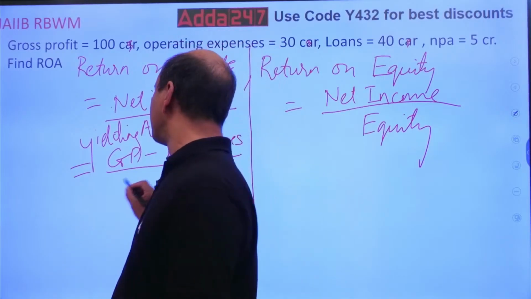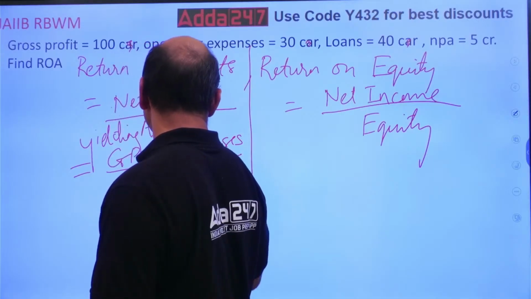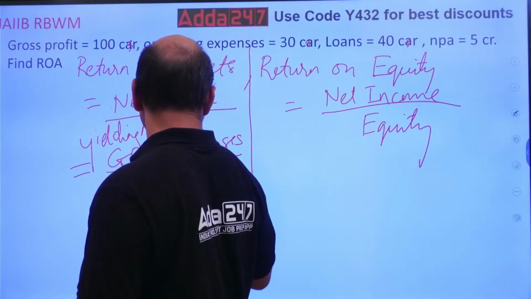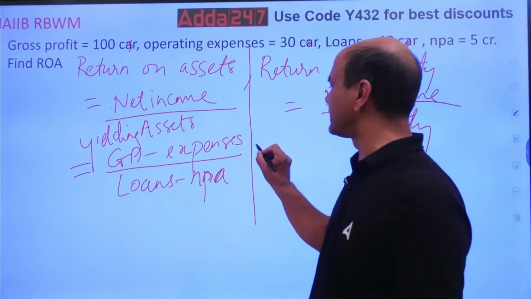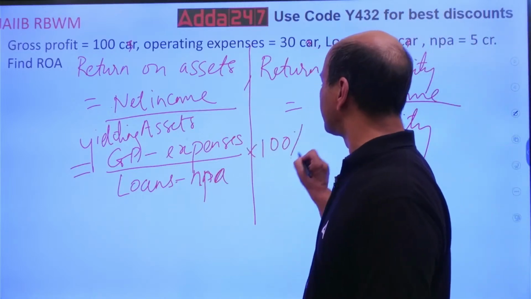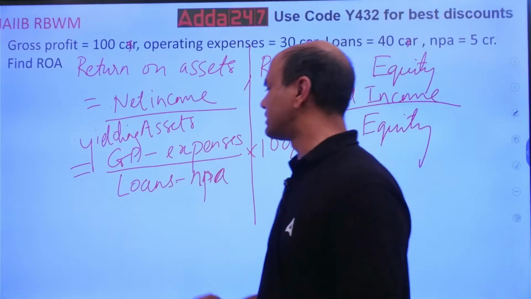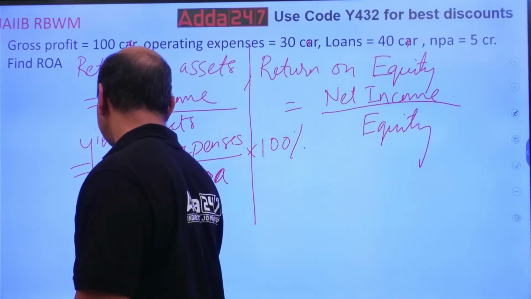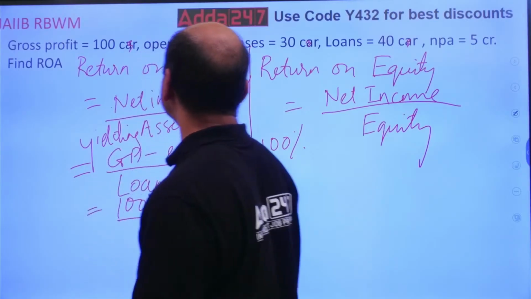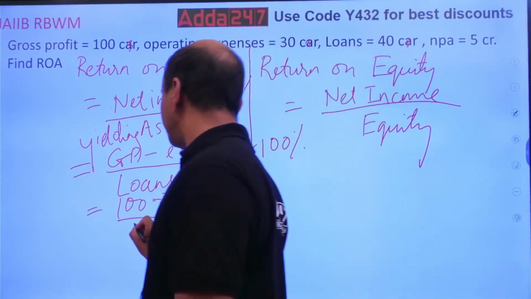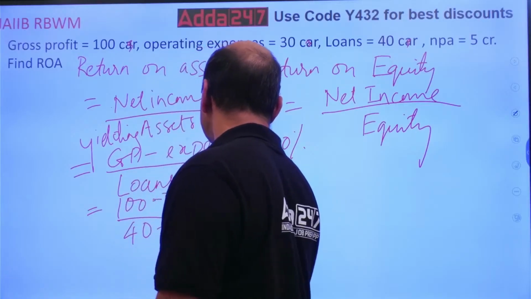So loans minus NPA. Now find this out into 100. Here everything is multiplied by 100, always remember, because we require it in percentage. Give me the answer. 100 minus 30, divided by 40 minus 5. So 70 upon 35.